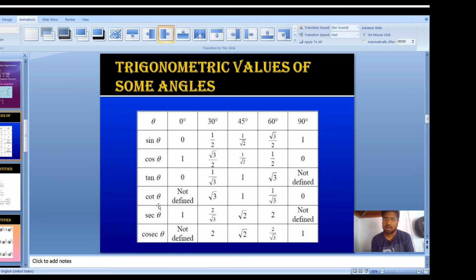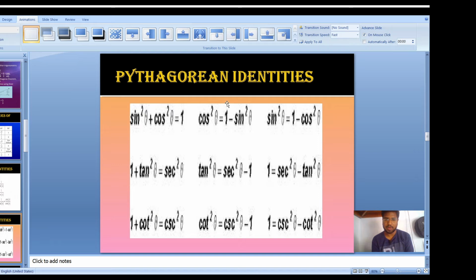You don't need to remember cot theta, sec theta, cosec theta, because they are the reciprocals of sin theta, cos theta and tan theta respectively. Now some important formulas: sin square theta plus cos square theta is equal to 1, 1 plus tan square theta is equal to sec square theta, and third is 1 plus cot square theta is equal to cosec square theta.